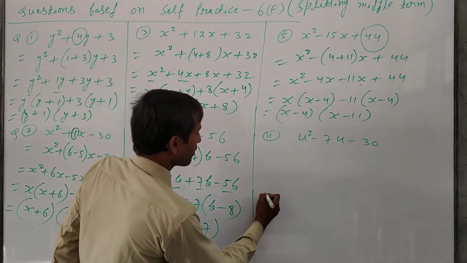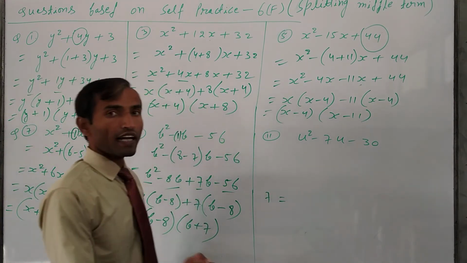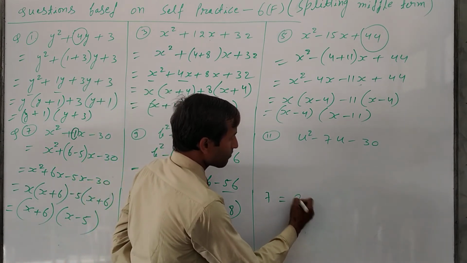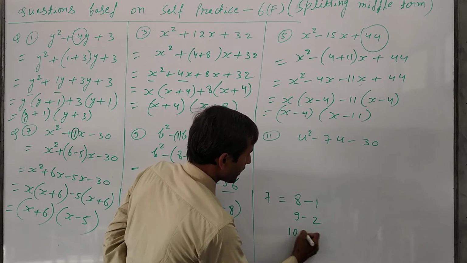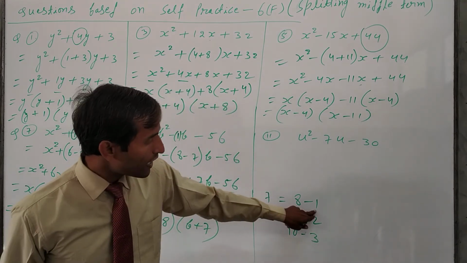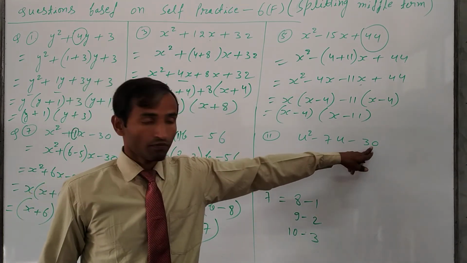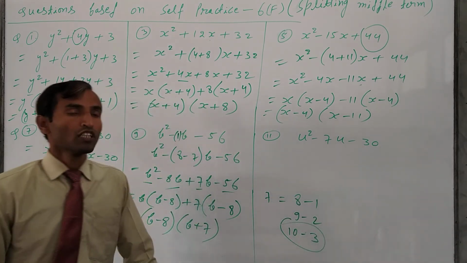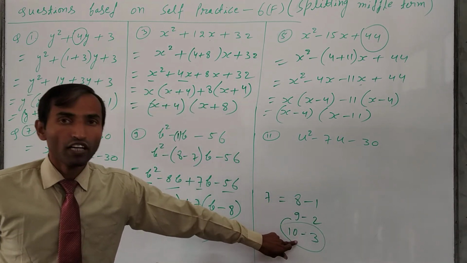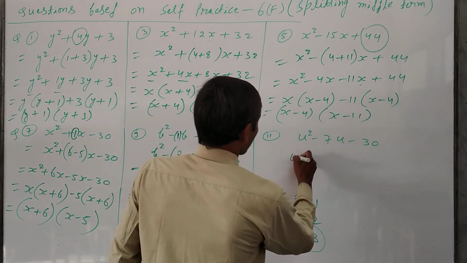So in place of 7, what should we write? Either 8 minus 1, or 9 minus 2, or 10 minus 3. Just see, 8 minus 1 will not give 30, this also does not. In this case it will surely give minus 30. So this value is favorable for our factorization.